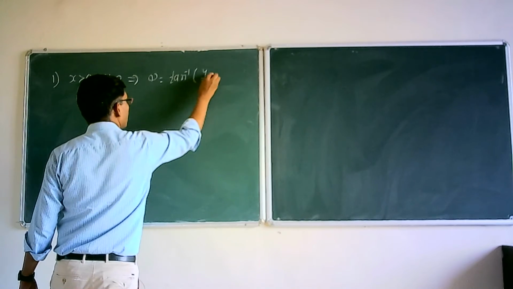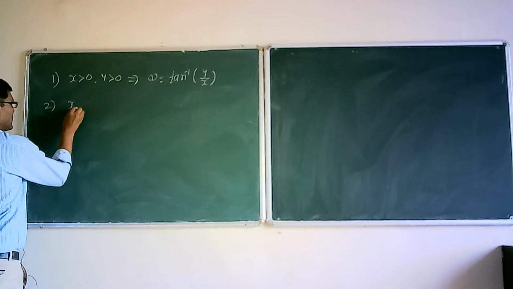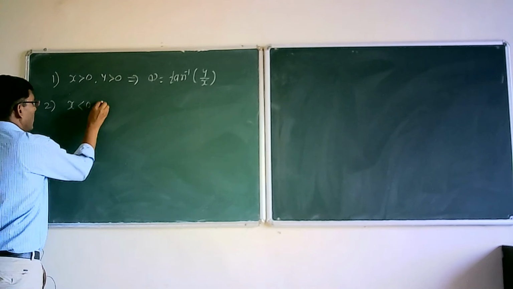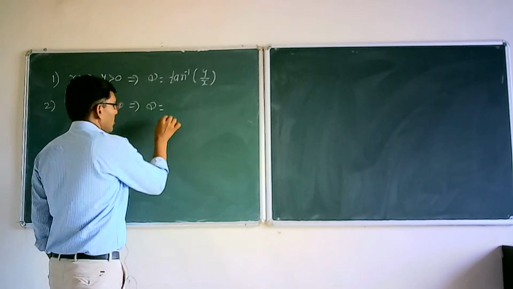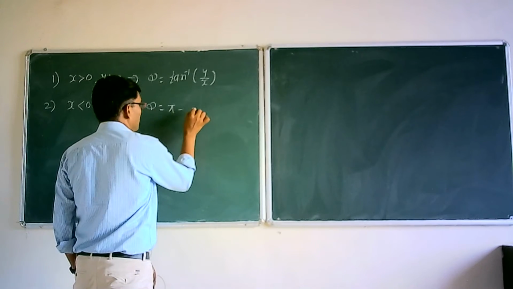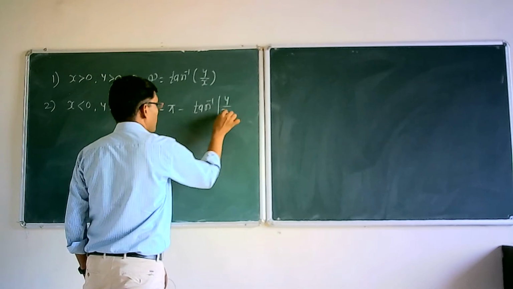Very simple. Now number 2, if your x is less than 0, y is greater than 0, then theta is equal to pi minus tan inverse mod of y by x.